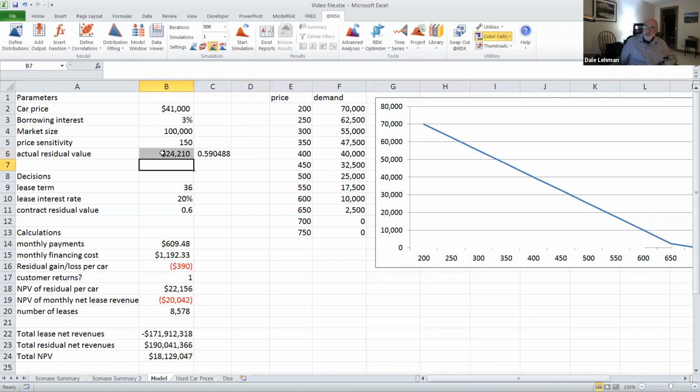So the static value right now will show is 24,210. But what I really have in this cell is that bell-shaped curve that we just looked at.